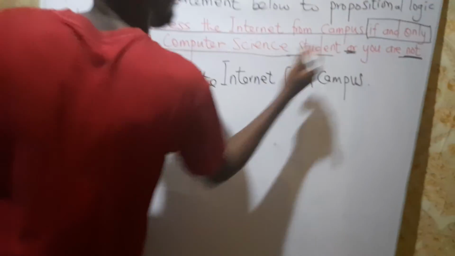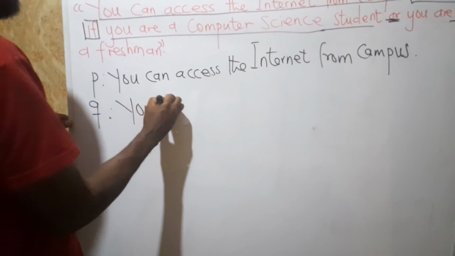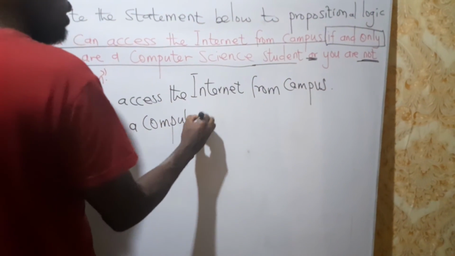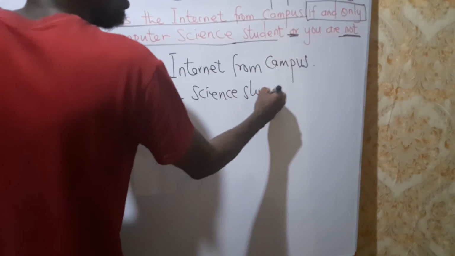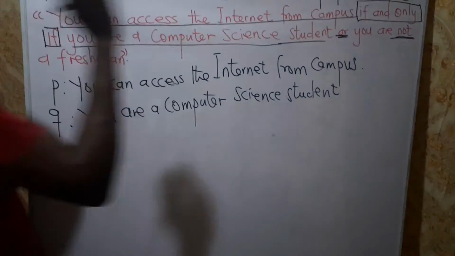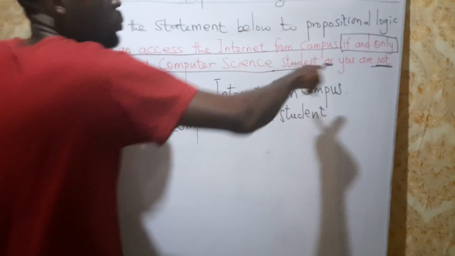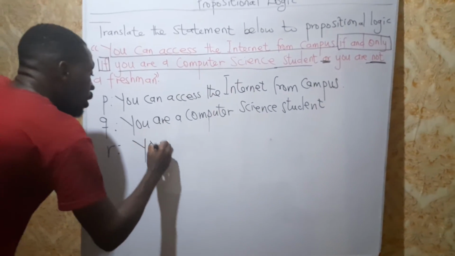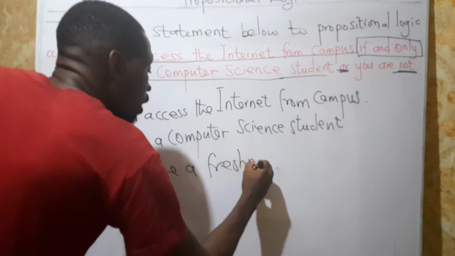So we can say Q is you are a computer science student. Then remember the statement is you are a freshman, which is the statement before it is negated. So we can say R should be you are a freshman.